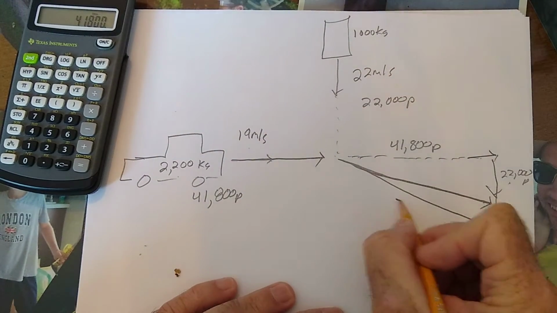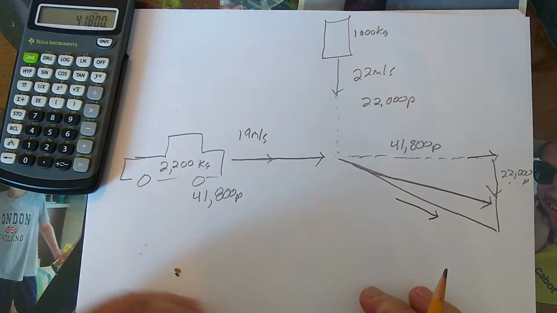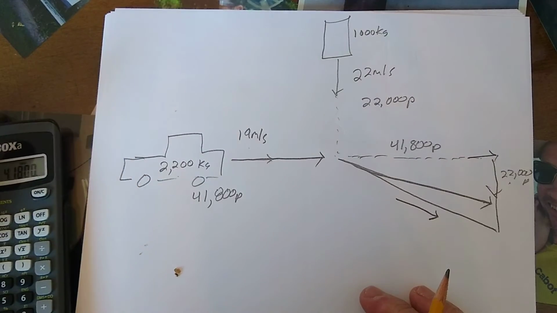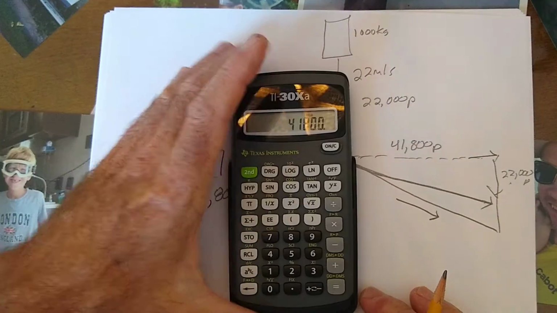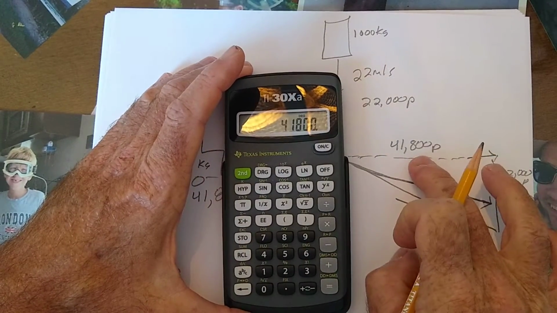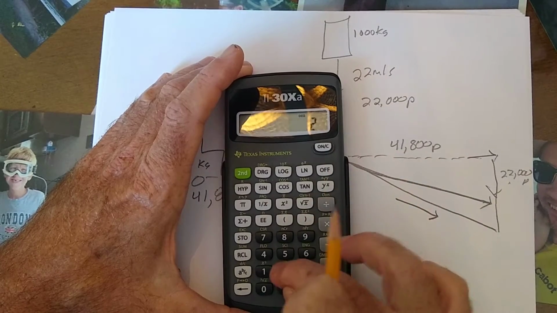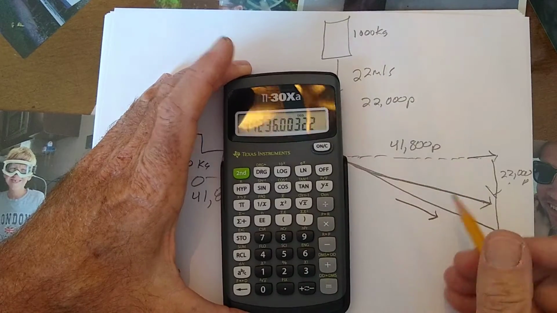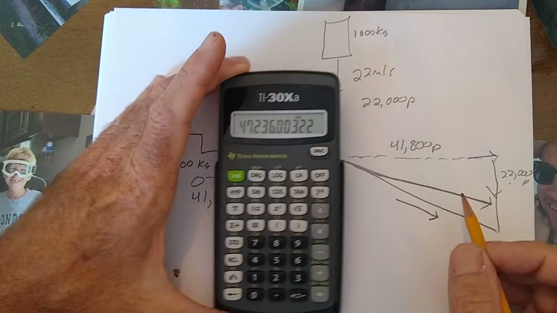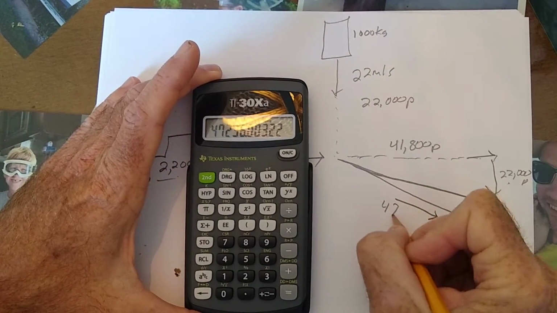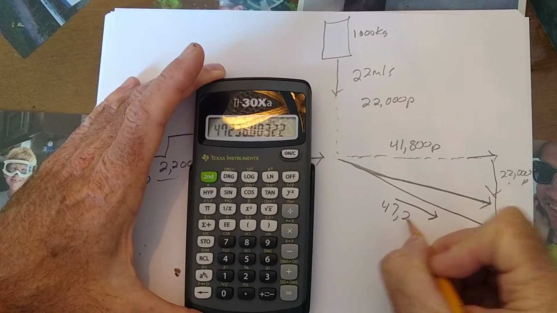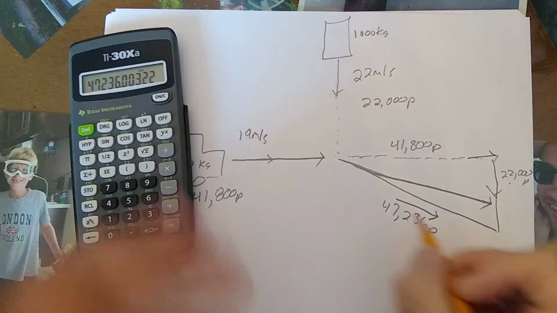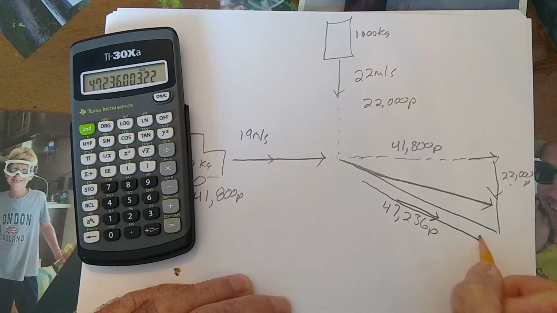All right, calculate the amount of momentum we would use for the hypotenuse. Okay, Pythagorean Theorem again. 41,800 squared plus 22,000 squared, then square root. So we have 47,236 P for our hypotenuse.